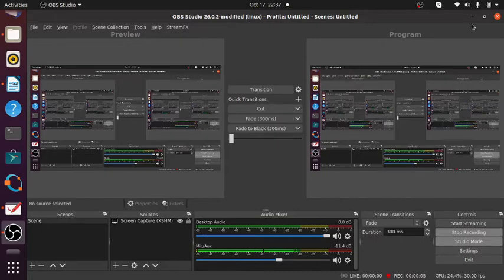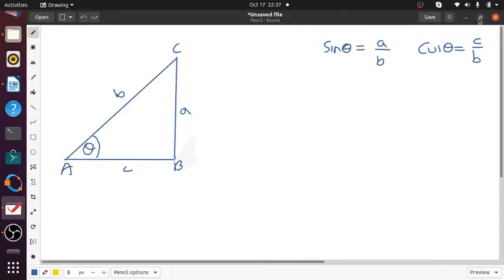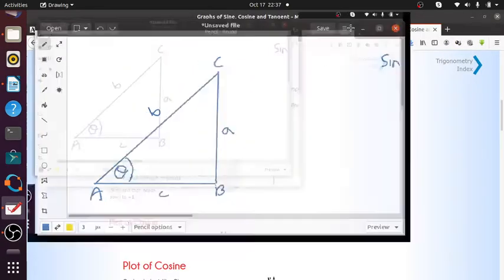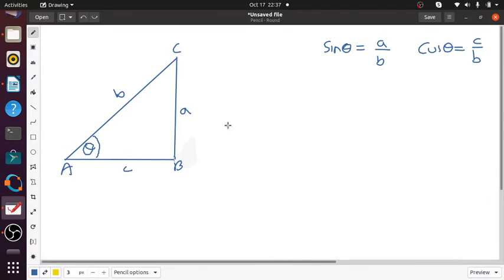In this video we'll be discussing solving triangles. So what is meant by solving triangles? Instead of specifying all the sides of a triangle, you are given one side and an angle, and you are supposed to find the rest of the sides.